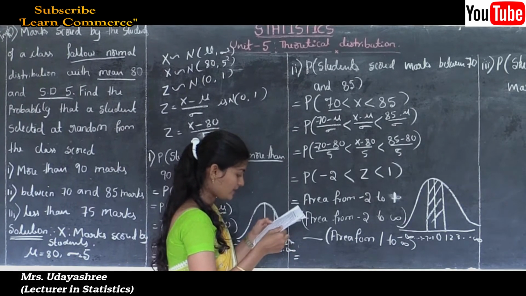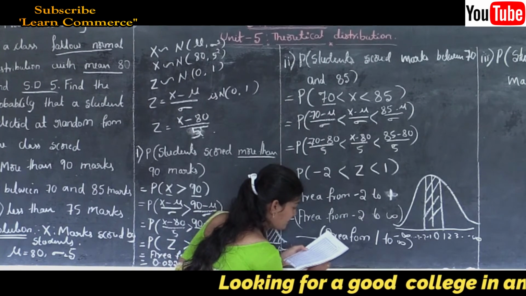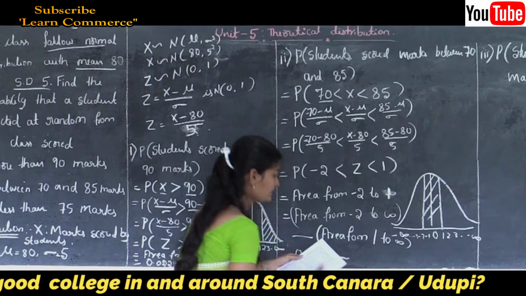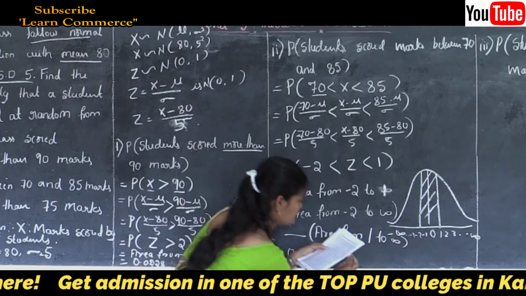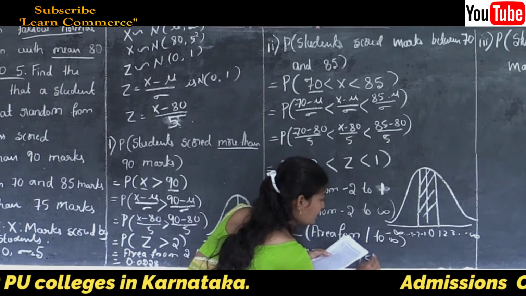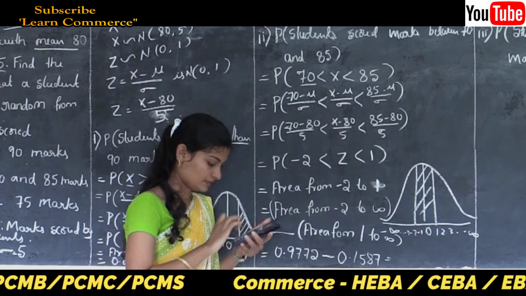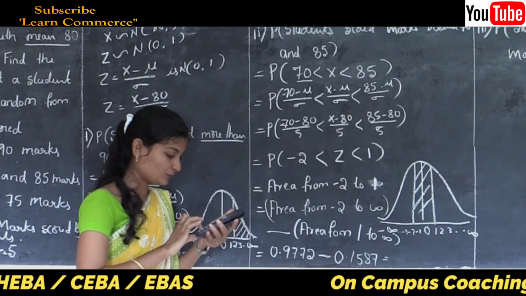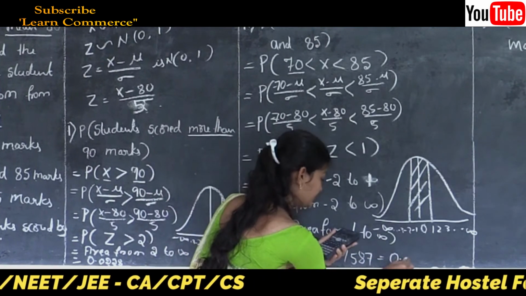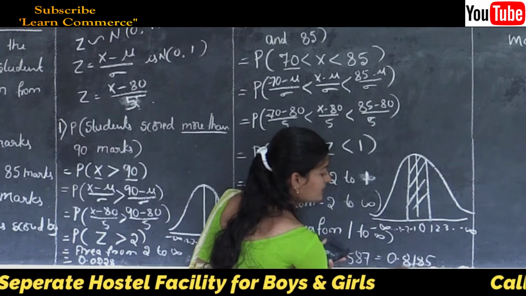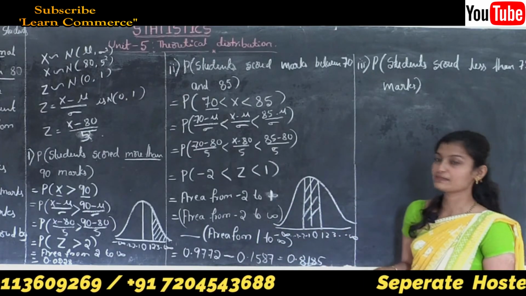Minus 2 is 0.9772 minus, here 1 is a positive value, so 1 is 0.1587. Now 0.9772 minus 0.1587 is 0.8185. This is the calculated answer of the probability of students who scored marks between 70 and 85.